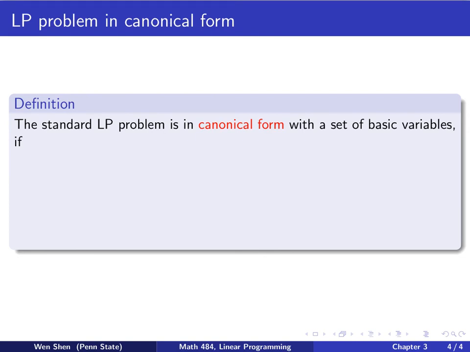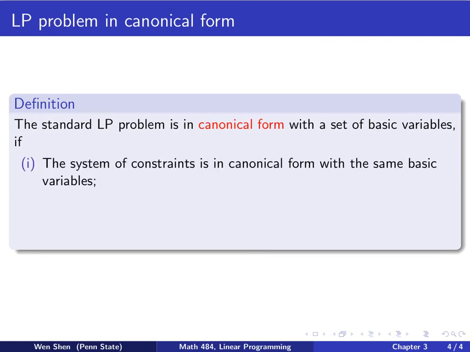Okay, so let's be formal and spell out exactly what we meant for an LP problem to be in canonical form. Here's a formal definition. The standard LP problem is in canonical form with a set of basic variables, which you need to specify, if the following conditions are met. First, the system of constraints is in canonical form with the same basic variables.